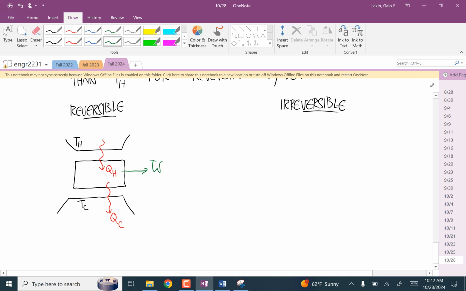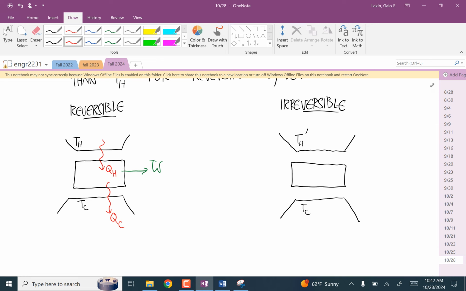Okay. And then for the irreversible one, we have TH prime. But the amounts of energy transfer are the same. So we still have QH.